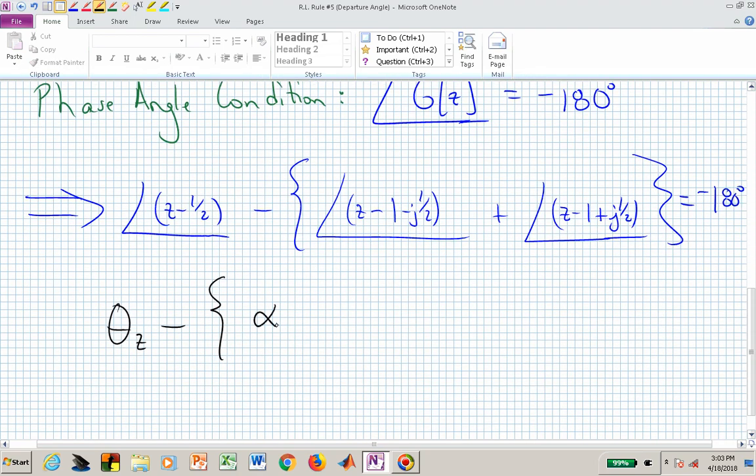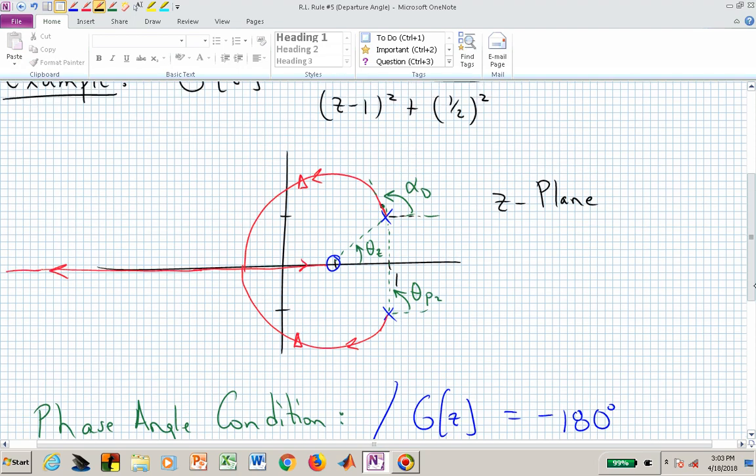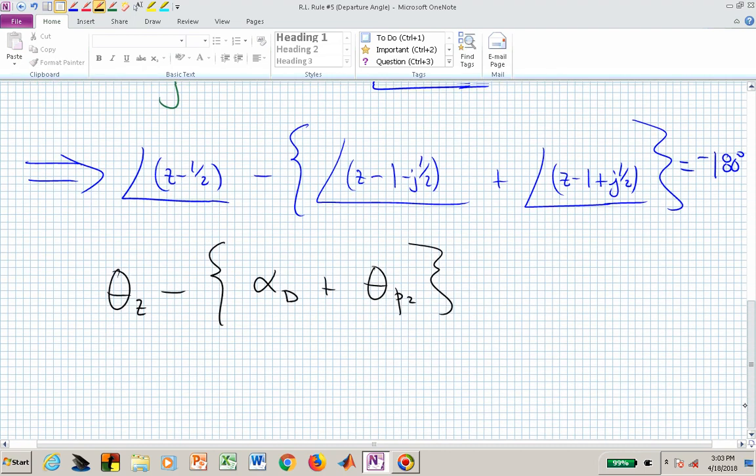That angle we were calling alpha sub D for the departure angle, plus the angle of the pole that was the conjugate of the pole we're measuring with respect to, now need to equal minus 180 degrees.